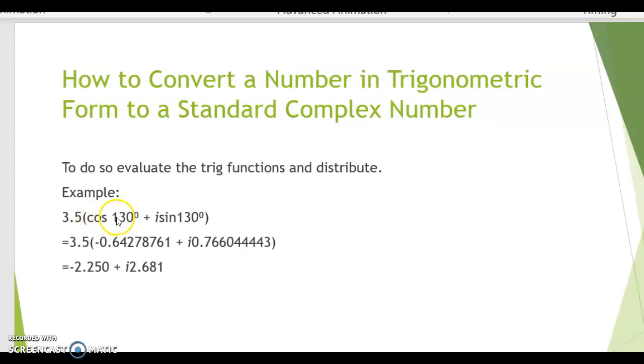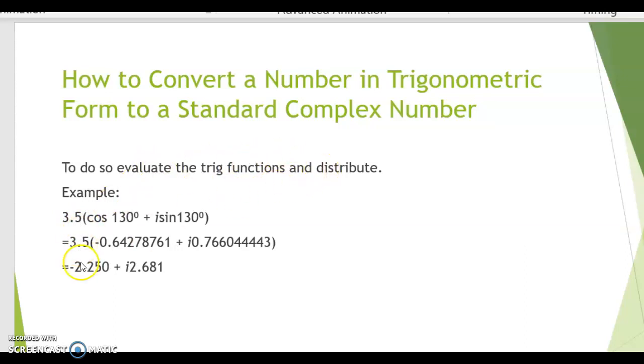So the cosine of 130 degrees, here is its value. Likewise, the sine of 130 degrees, you could use a calculator for this one also. It will give you your answer. Bringing down the plus I and your value for R, 3.5. So we have evaluated the trig functions.